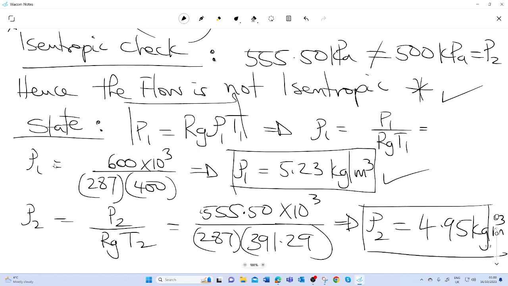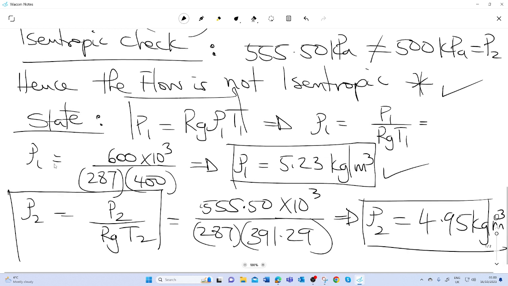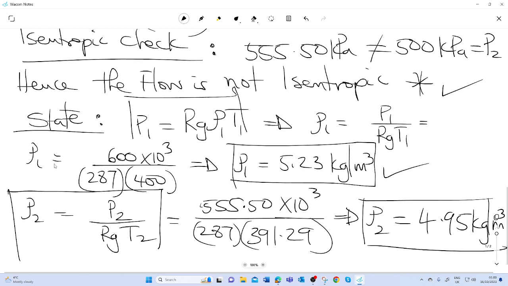Also, we can find the exit density of the nozzle, which is P2 over R T2, which equals 5.50 over 287 times 391.2. Don't forget, you need to multiply the pressure by 10 to the power 3 because it's in kilopascal. So our density becomes 4.95 kilograms per meter cubed.